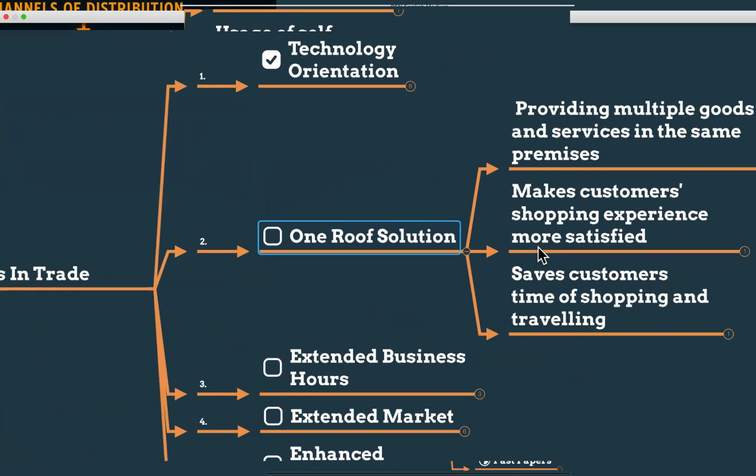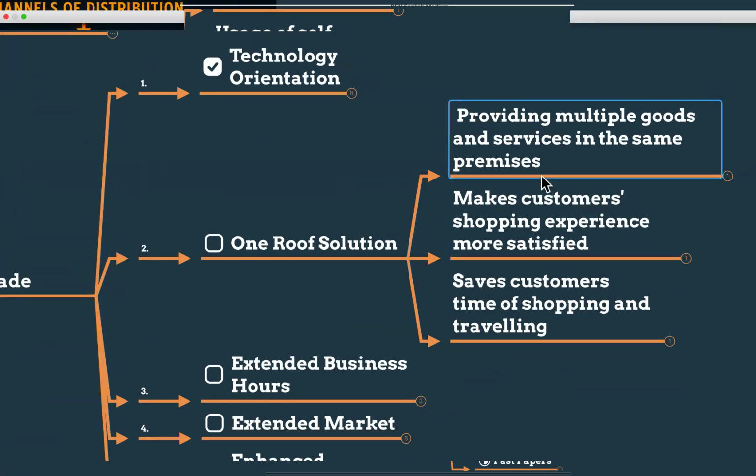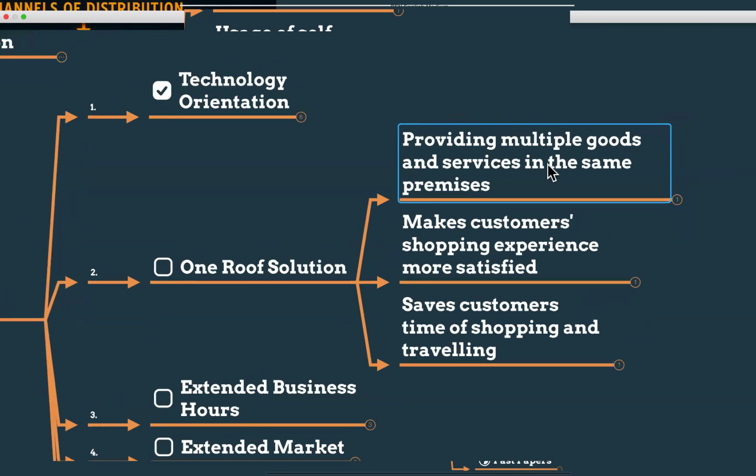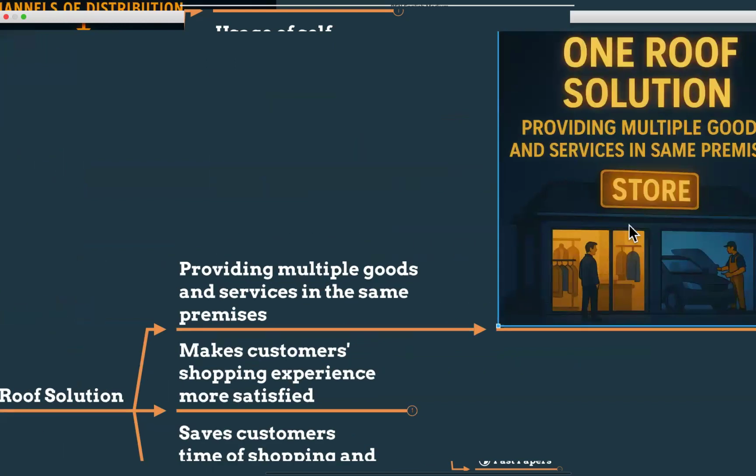And let's talk about the second one, that is one roof solution. What does this mean? It means, my dears, providing multiple services and multiple products in one location. So providing multiple goods and services in the same premises or one location. That is one roof solution. It is more famous right now, right? Everything under one roof.